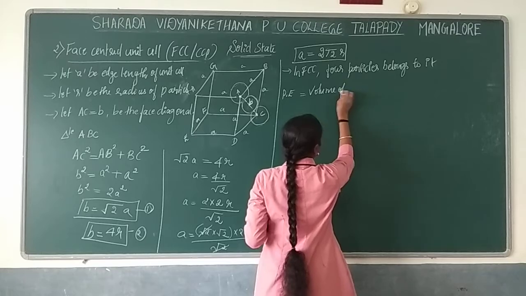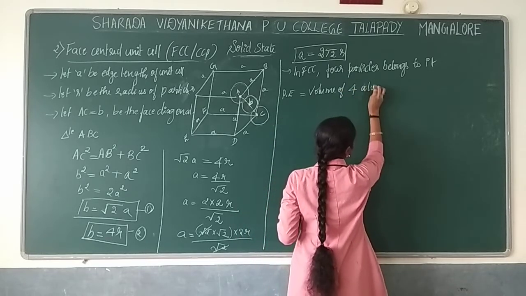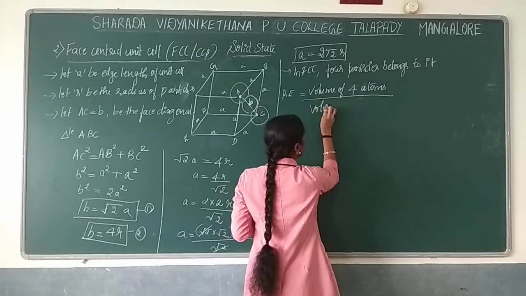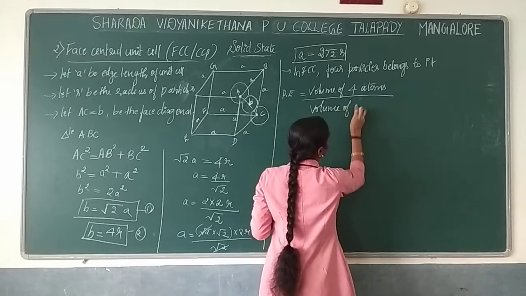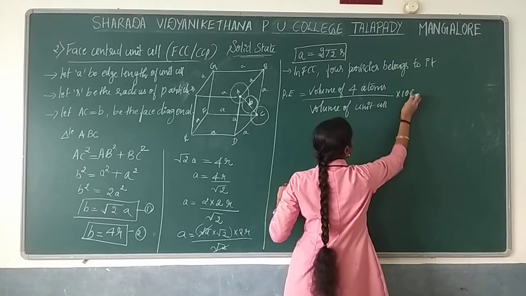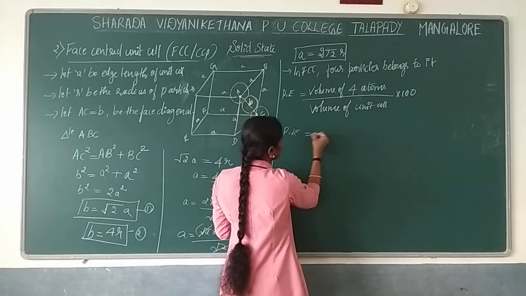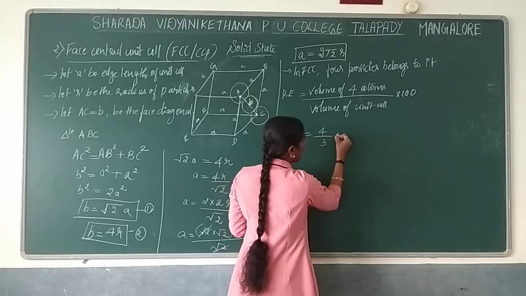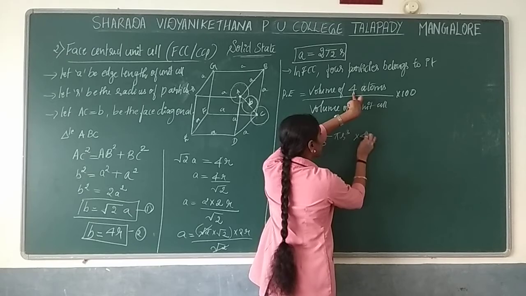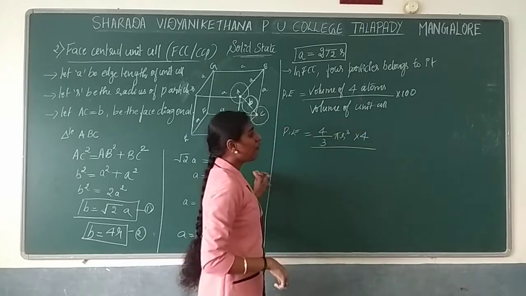Volume of 4 atoms divided by volume of unit cell into 100. Volume of an atom is 4 by 3 pi r cube, into the number of atoms which belong to FCC, that is 4, divided by volume of unit cell.